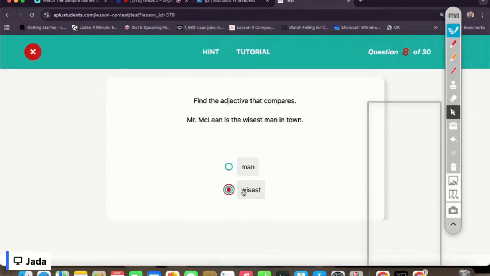So we have wisest. Then Julie's sunglasses are darker than Lid's.